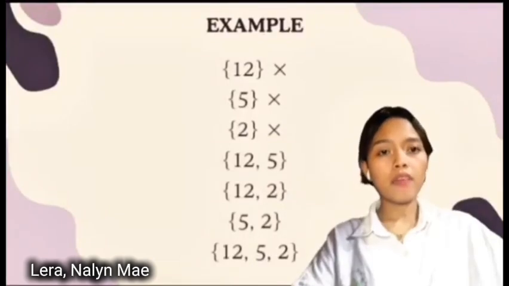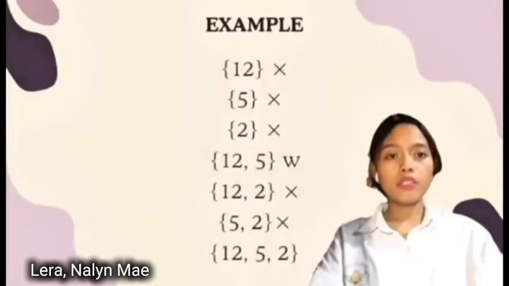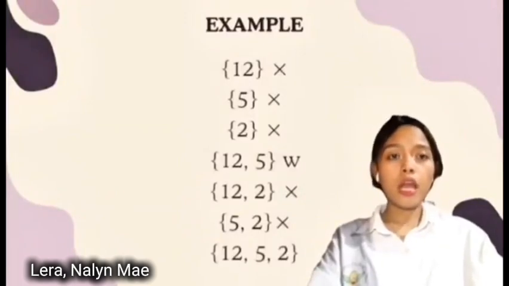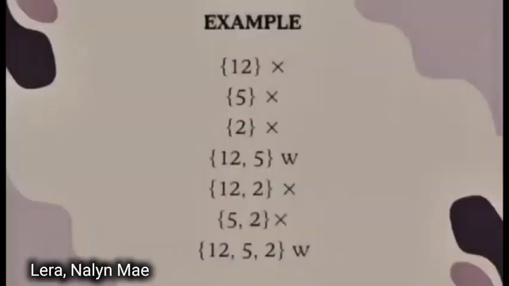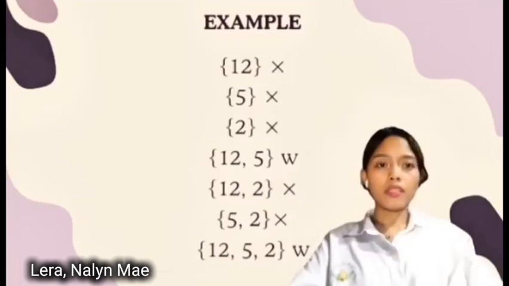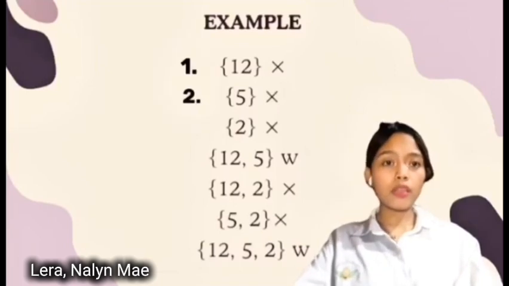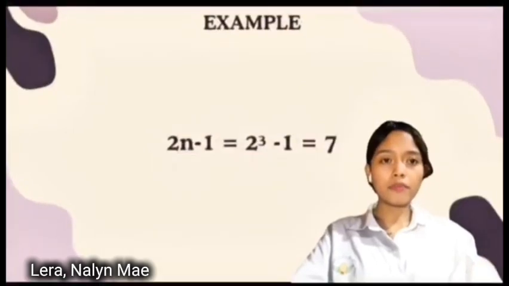The 12 and 5 can be a winning coalition. 12, 2 and 5, 2 also cannot be a winning coalition. The 12, 5, and 2 together can be a winning coalition. Counting all of these: 1, 2, 3, 4, 5, 6, 7. So we should put a 7 here.